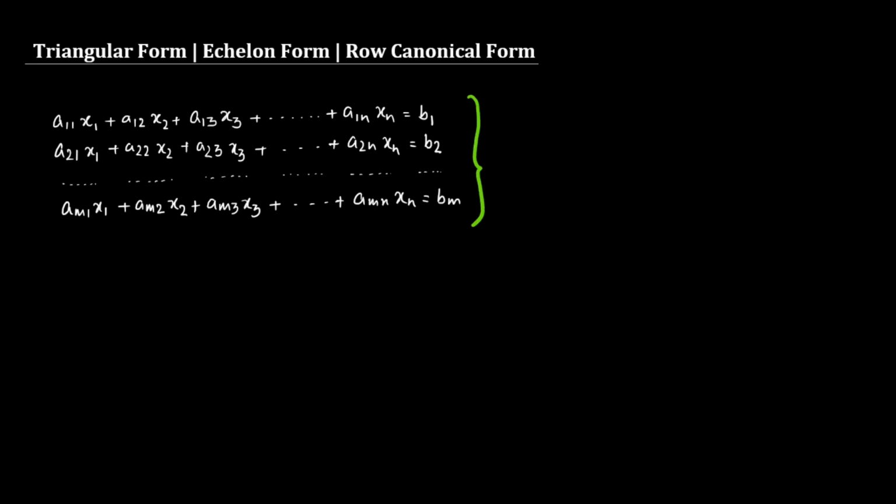You can see I have taken an arbitrary system of m linear equations in n unknowns. Now the value of m may be equal to n, or may not be equal to n.